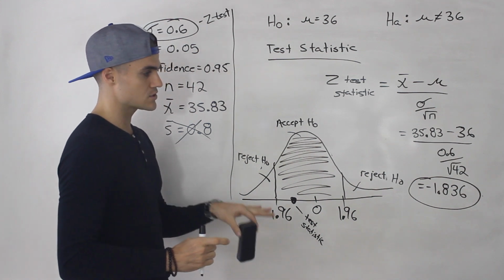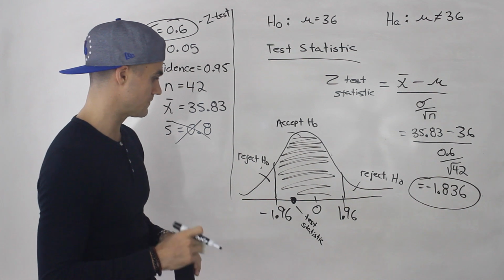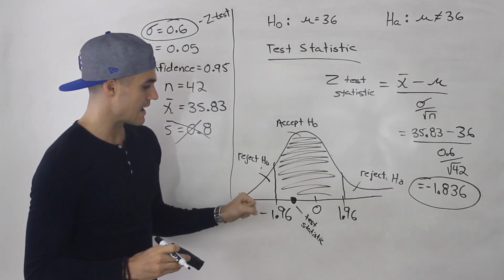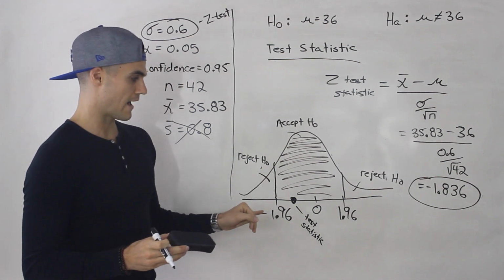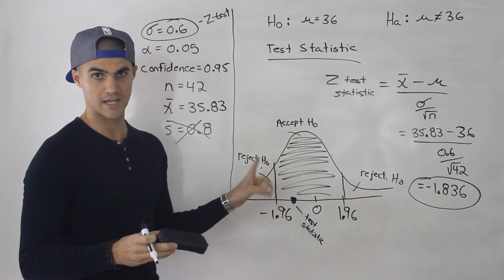And so relating it to the question, to our scenario in the factory, basically what we would conclude is that there is not enough evidence that the bottles in the factory are being produced incorrectly.